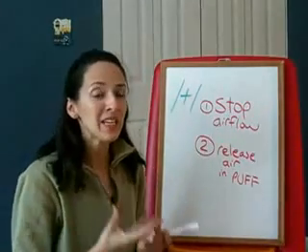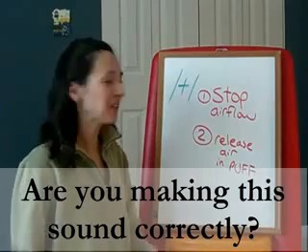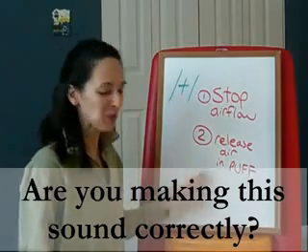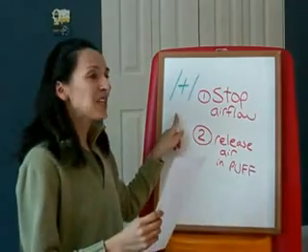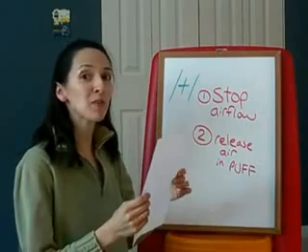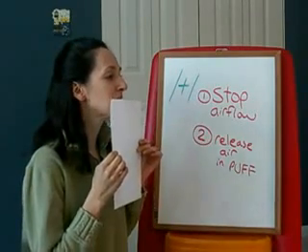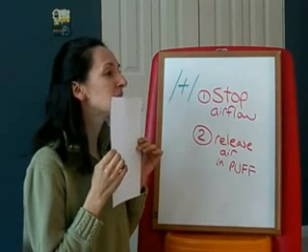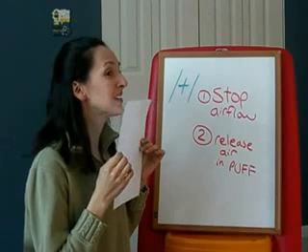Second, when you release the air, there should be a puff of air. If you want to check to see if you're doing this correctly, take a piece of paper. As you say the T sound, the puff of air should be strong enough to move the paper in front of your lips. Watch. T, t, t, t.